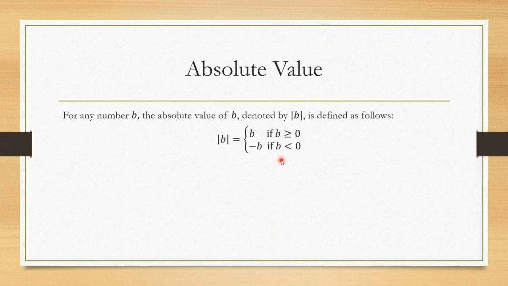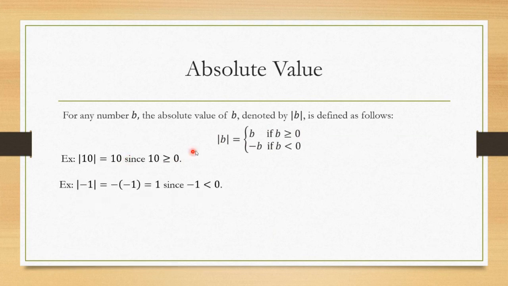Okay, that's good. All right, now let's do an example. For instance, if you have the absolute value of 10, well, 10 itself is non-negative, so we're just going to get 10 back. If you had the absolute value of -1, well, -1 is negative, so we're going to get back negative -1, which is 1.